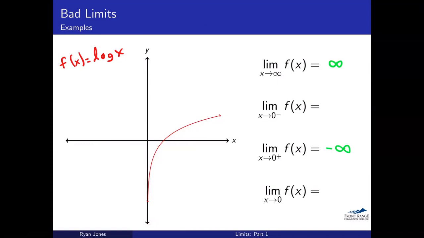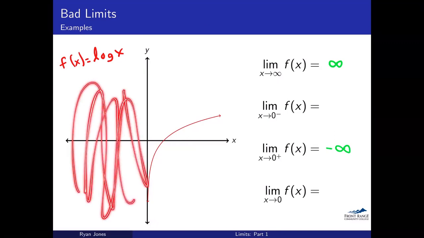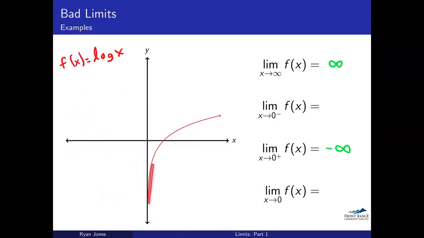Now, if I look at this limit as x approaches 0 from the left-hand side, that's a problem because the function isn't even defined on the left-hand side. If I look over here in this whole region, there's nothing. There's no function. The function just exists for positive x.